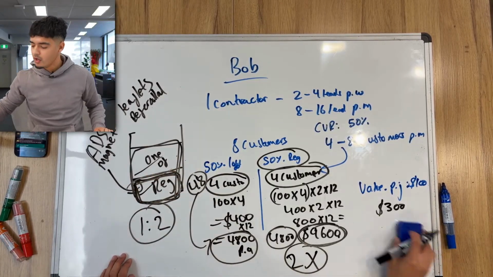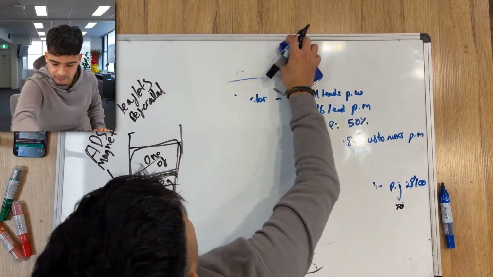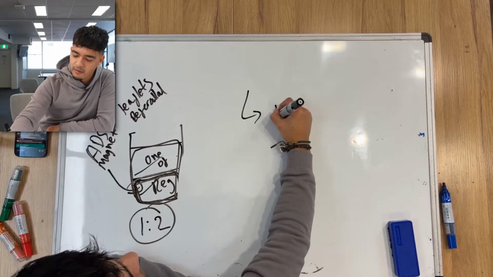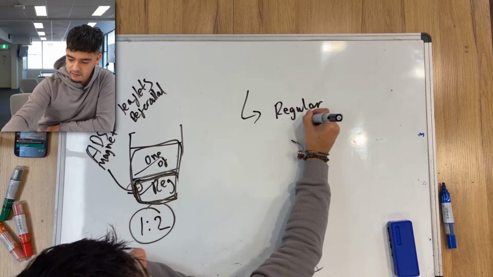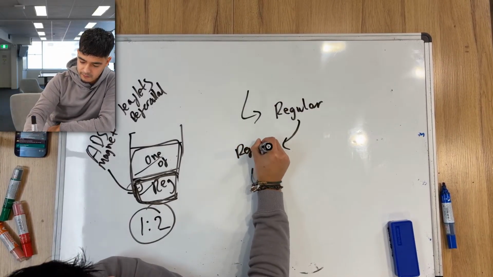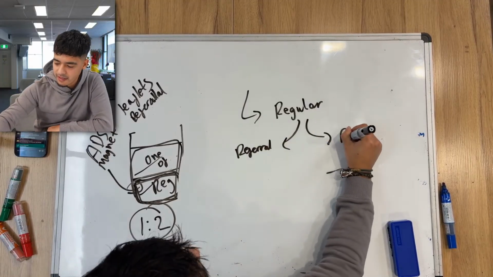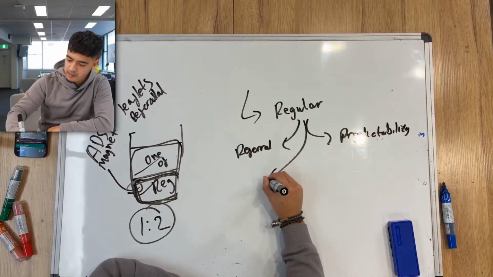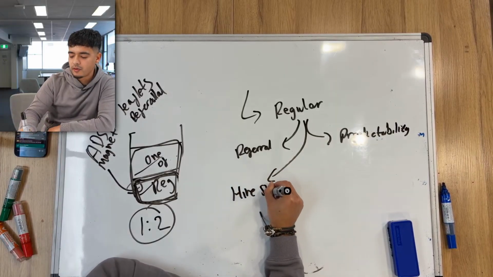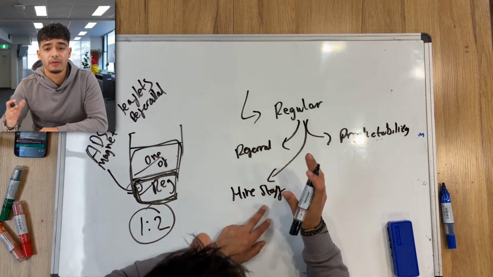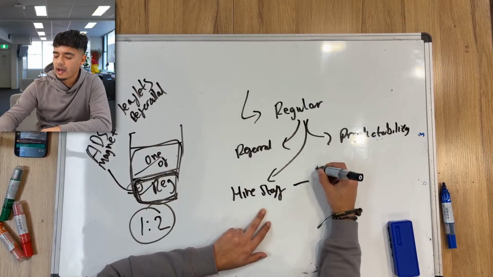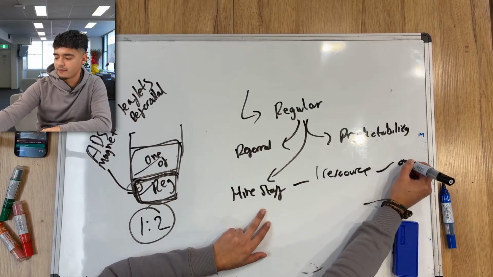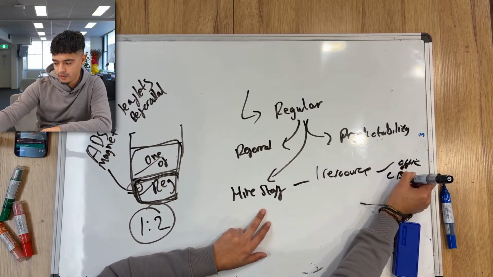Regular customers, why are regular customers good? Regular customers are good because, of course, from regulars you get referrals, predictability, and the ability to hire staff. So for example, if you know you have a regular cleaning contract for your business, you know you can hire one resource for your company for that specific office in Melbourne CBD, for example.